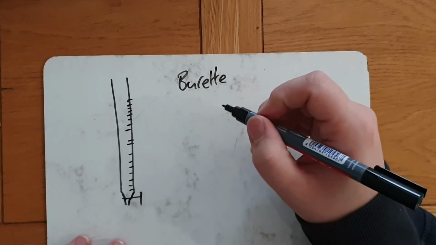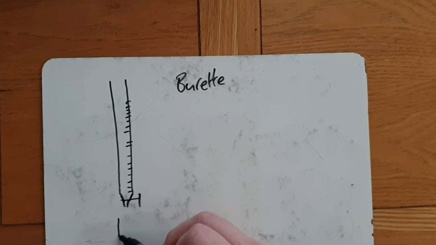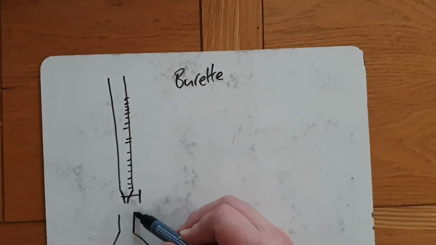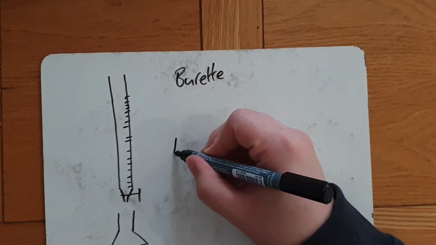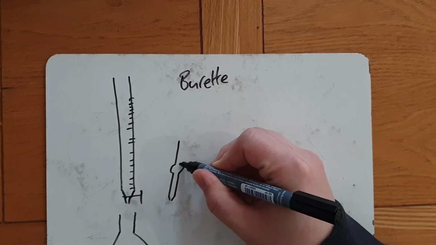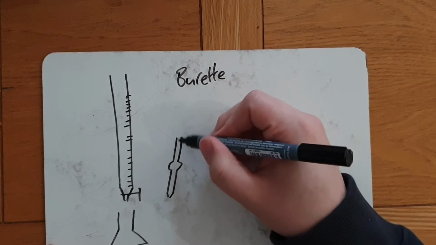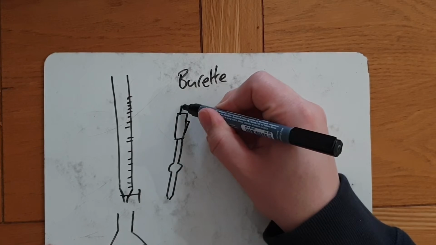So we've got our Buret, a little conical flask at the bottom, and then something else called a pipette, which also lets us measure the volume of something incredibly accurately, and you connect that to a pipette filler, a bit like a syringe.